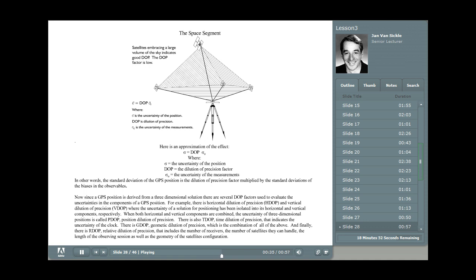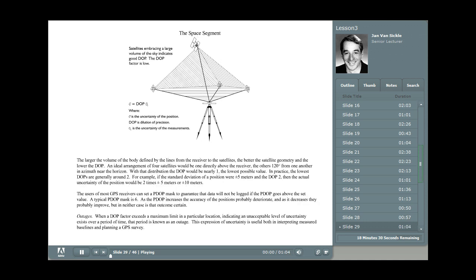PDOP is perhaps the most common, which combines both horizontal and vertical. But the idea is very straightforward: the better the geometry, the better the intersection of the ranges from the satellites, the lower the dilution of precision value will be, and the better the position derived will be. This is, as I say, a very practical consideration in GPS work.